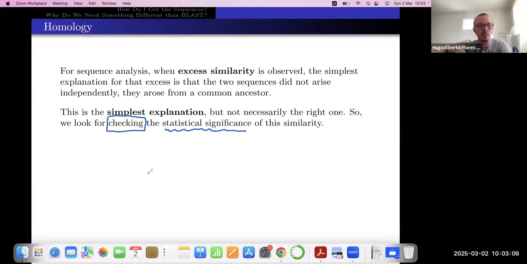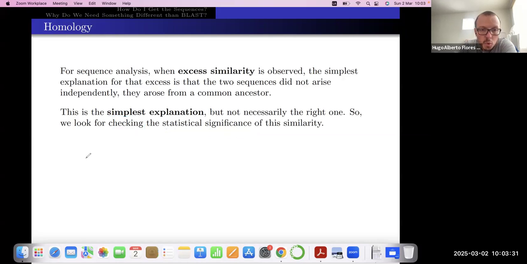A measure can always be computed, but that does not necessarily mean it will be significant. This is one of the new concepts that, if you haven't taken a statistics class, probably is not clear yet.